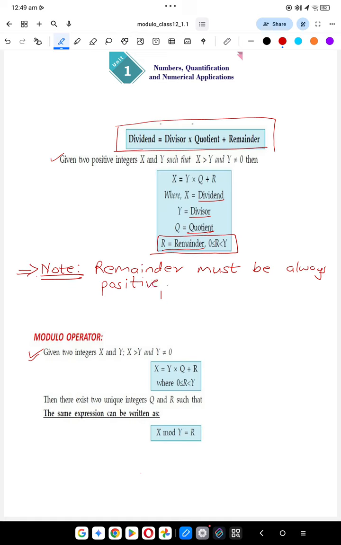This is a very important case. Whatever kind of operation you do, whatever division and multiplication of a quotient, the remainder must be positive.